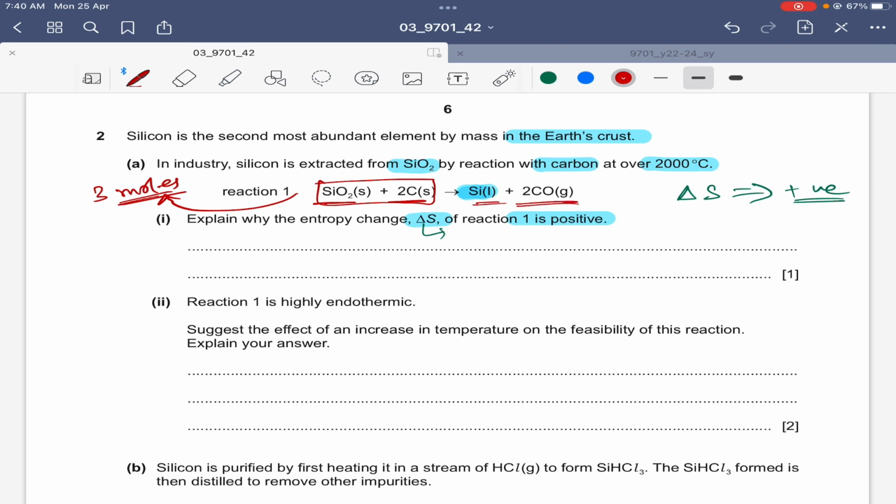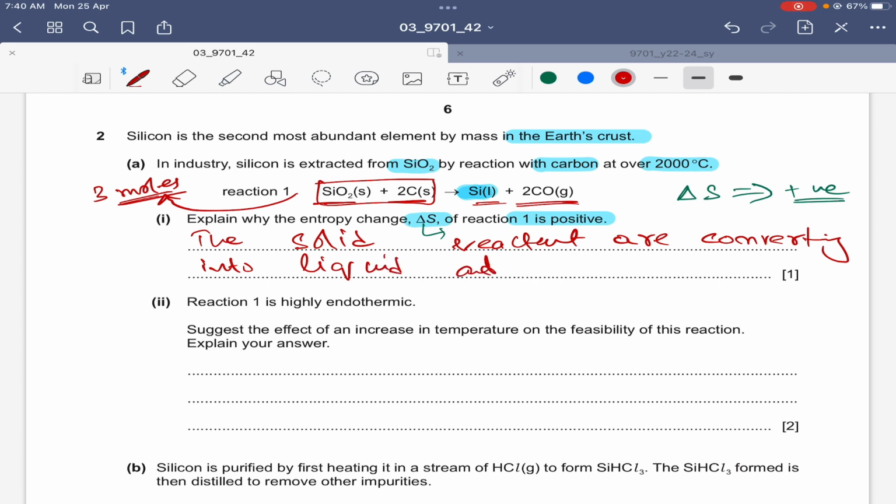Because we are shifting from solid to liquid and gas, and in liquid and gaseous phase particles are more energetic and more disordered, we are shifting from an ordered to a disordered phase. So the solid reactants are converting into liquid and gaseous phase. That's why the delta S for reaction 1 is positive.